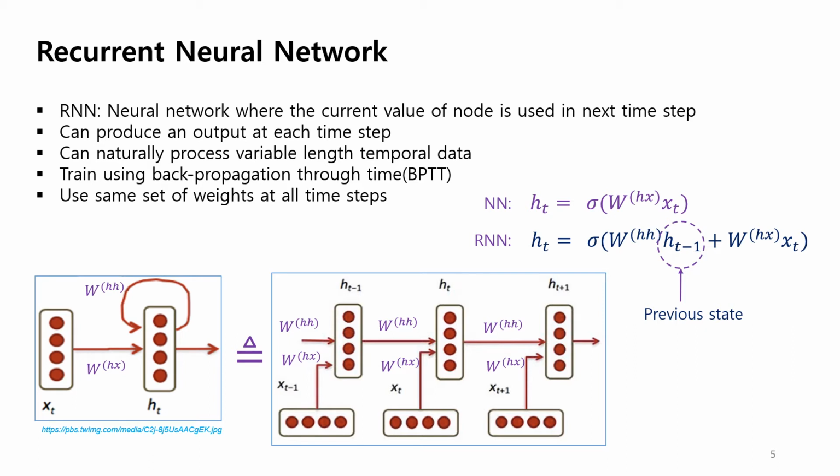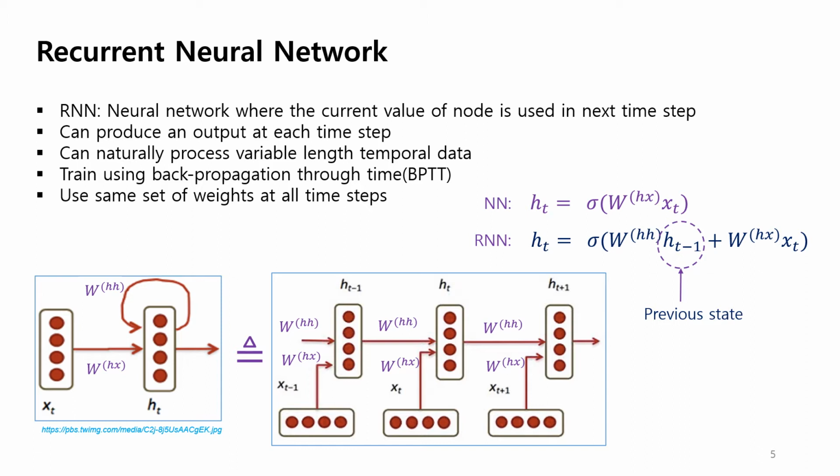The first is that in RNN, the state of the previous step is forwarded to the next step, and the second is that the weights are shared, just like in CNN.